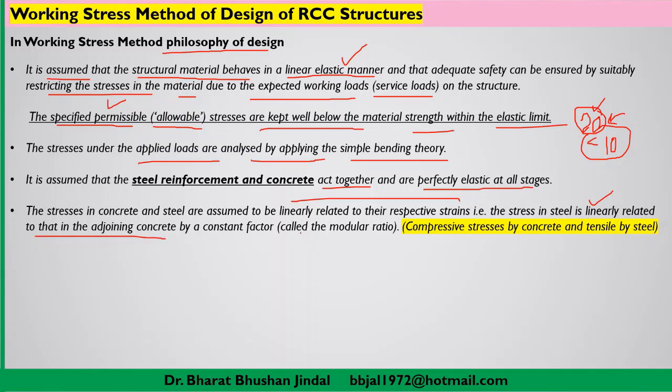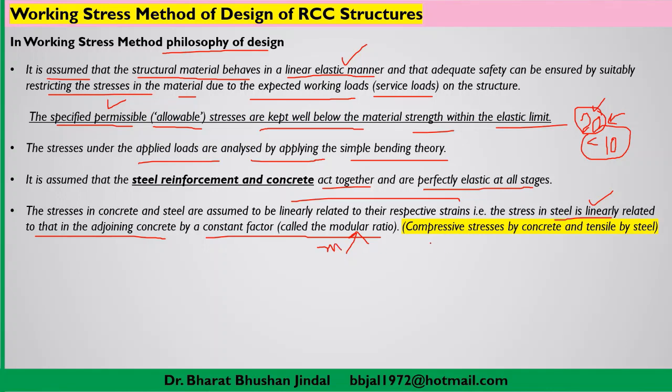When you embed the steel in the concrete, and when it gets hardened and subjected to some loads, some stresses will develop, and here it is assumed that stress in steel is linearly related to the concrete in which it is embedded, and then we will be using a factor of safety. Later on we will use factor of safety. This relationship will be known as the modular ratio, and the symbol will be m.